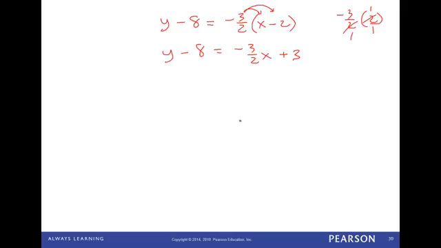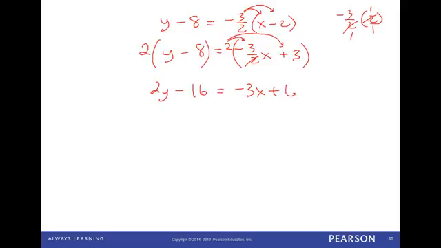They want the answer in the general form, so let's get rid of any fractions here. Got to get rid of this 2 here. So let's multiply both sides by 2. So 2y minus 16. The 2 as it goes into here is going to cancel with this 2, leaving -3x. The 2 is going to multiply into here, giving us a 6.